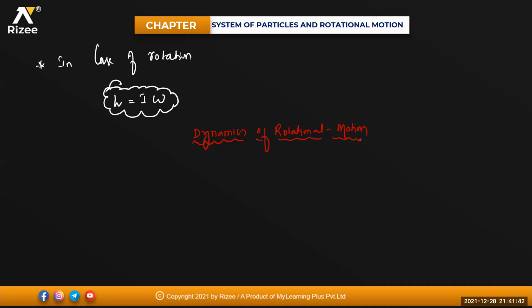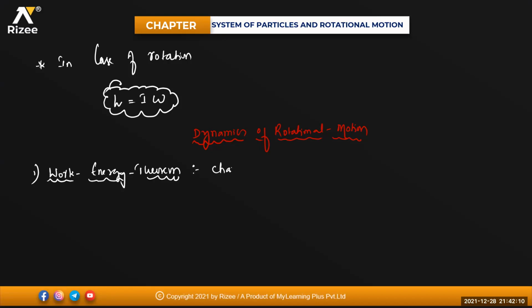So I am writing the similarities finally. First thing you need to remember in this one is the work energy theorem. What is the work energy theorem? Can anyone tell me? Work done by all the forces must be equal to the change in kinetic energy.